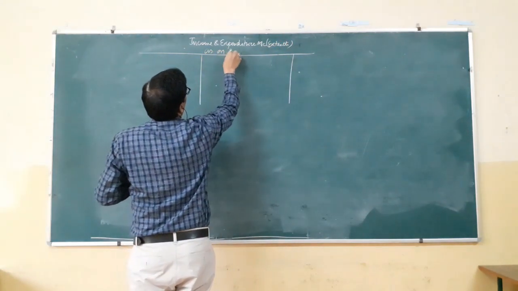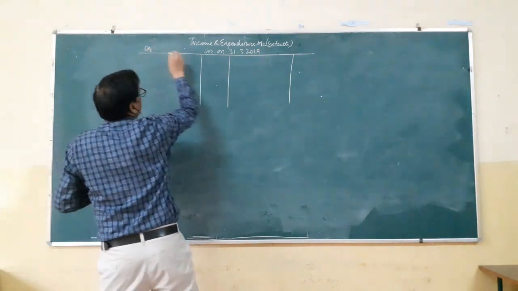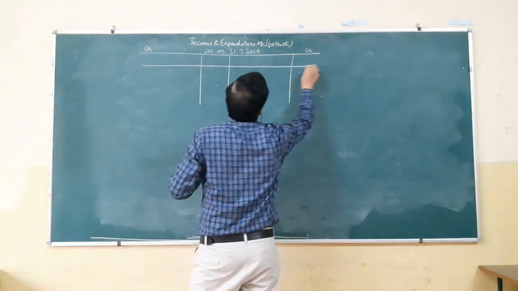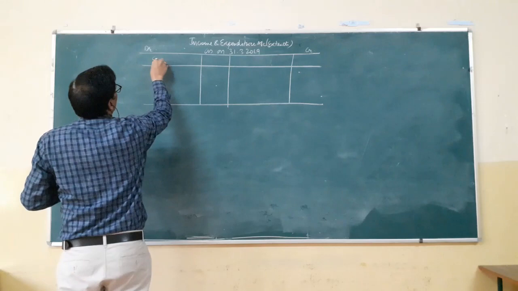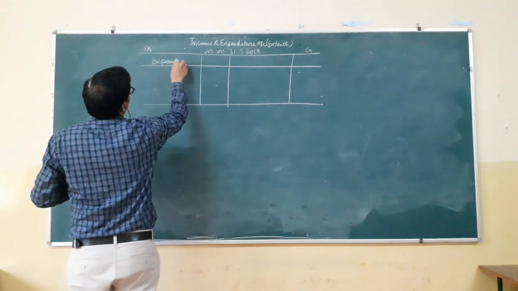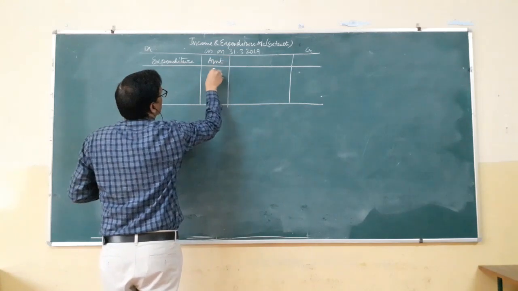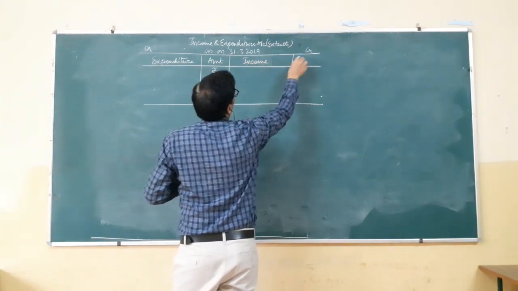As on 31st March 2019. This is debit side, this is credit side. Here expenditure, the amount, here income and the amount.